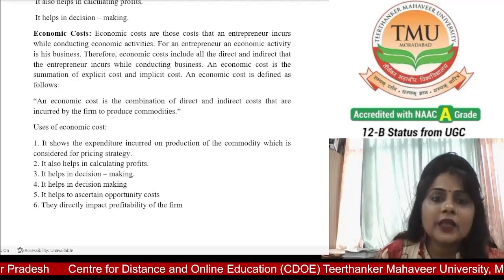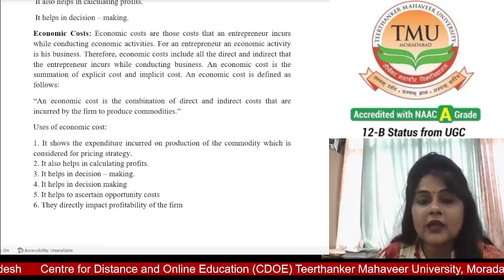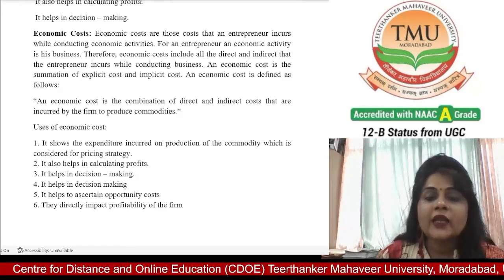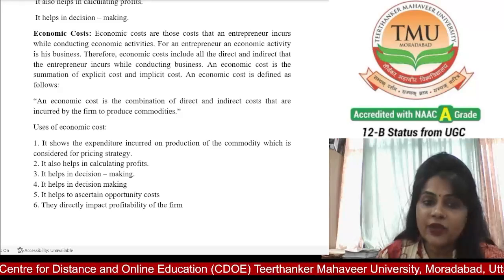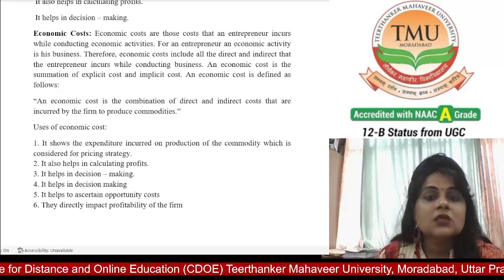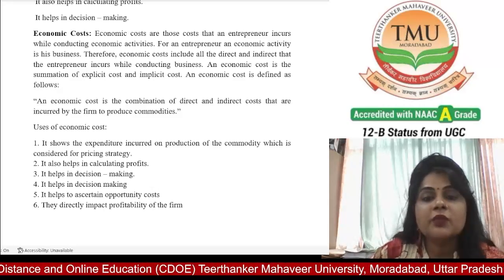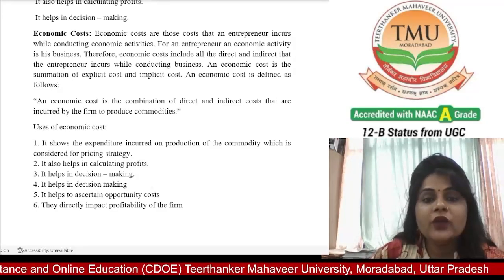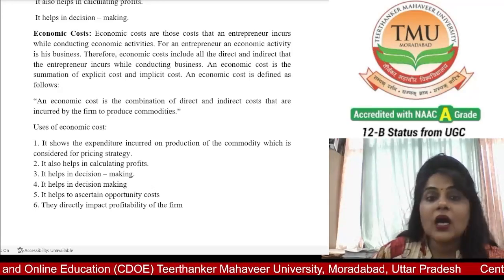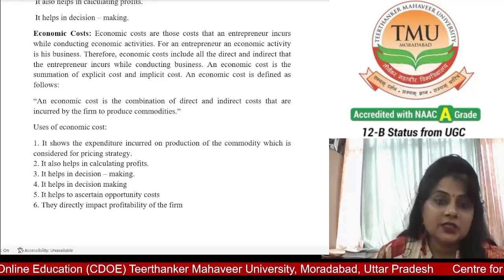Let me take another example. If a company has an asset, an orange grove for example, it uses an economic cost analysis to determine if it would be better to maintain and harvest the orange grove or lease it to another company to do the work. Finding the differences in cost between the two options is the benefit of using an economic cost analysis. Economic costs are important for determining long range business strategies.